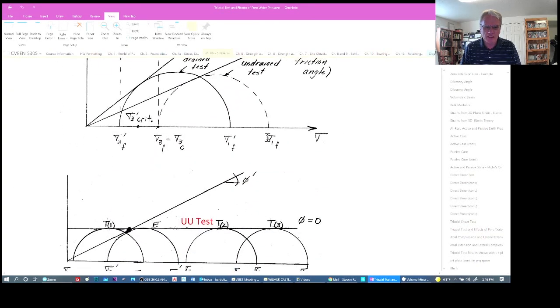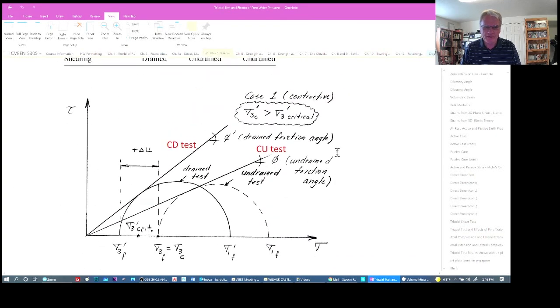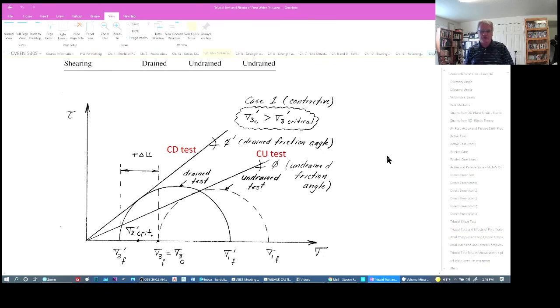Let's talk about the three different tests and the type of envelopes that we would expect, mainly from a hypothetical material. So for the consolidated drained test, here I've drawn the angle, and notice I primed this, meaning that we sometimes call it the drained friction angle or the effective stress friction angle, meaning that we have allowed pore pressures to dissipate because it's a drained test.